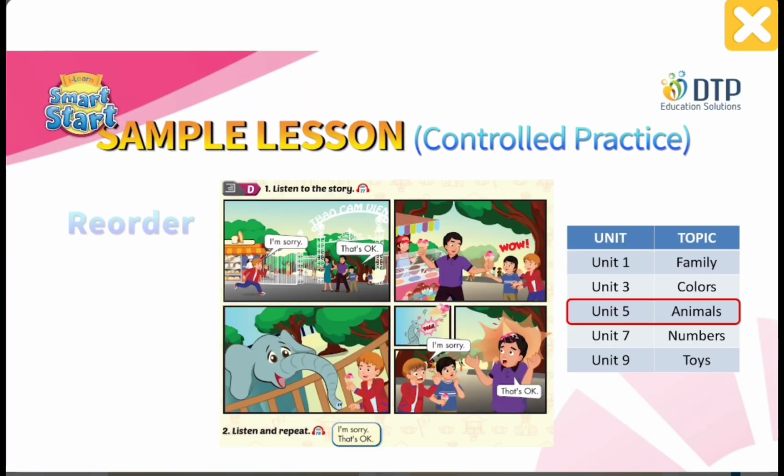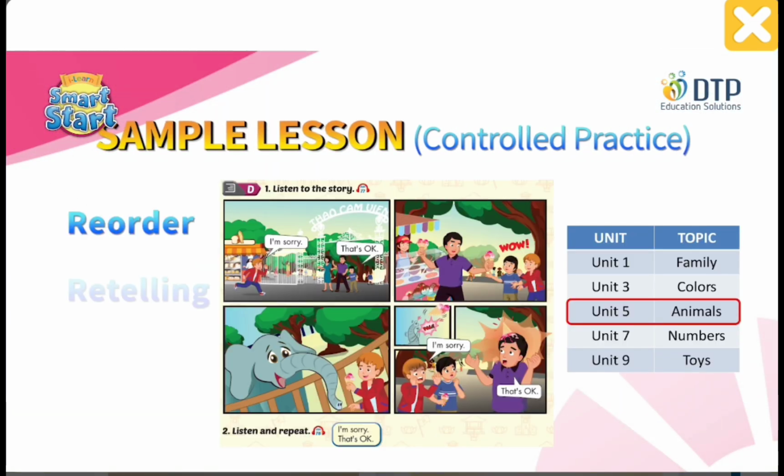So, after playing, you can recall the story to your students in wrong order. So, you intentionally say the information in wrong order because this allows students to reorder the story for you. And at the same time, you are helping your students to retell the story too.